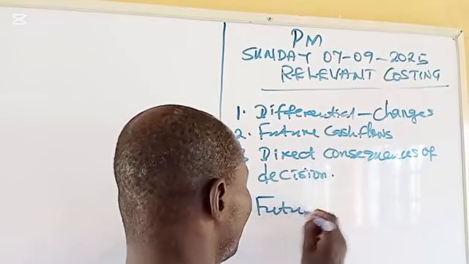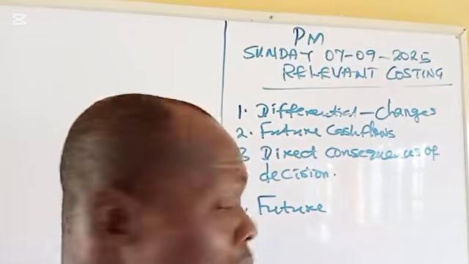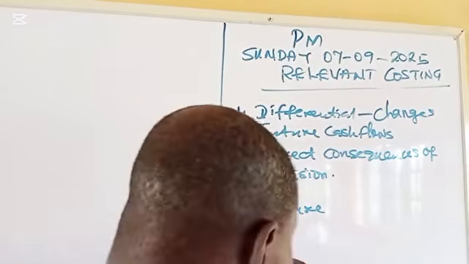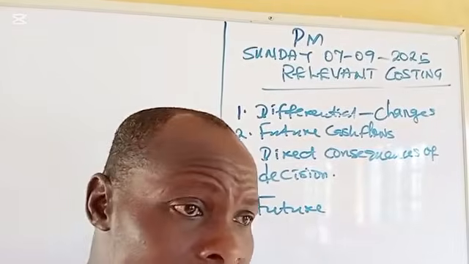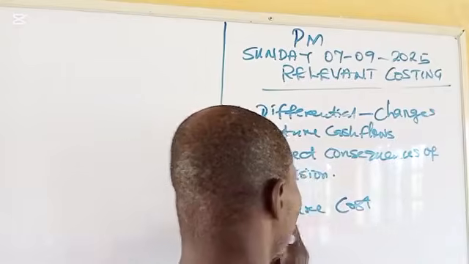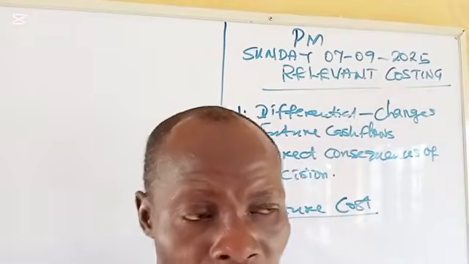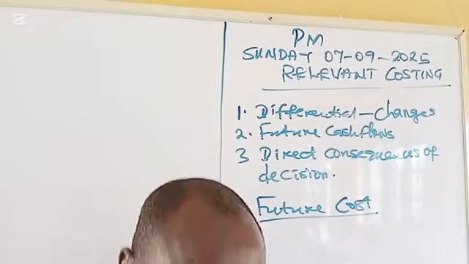Number 2 is future cash flows. By virtue of their nature, relevant costs are future costs, not past costs.